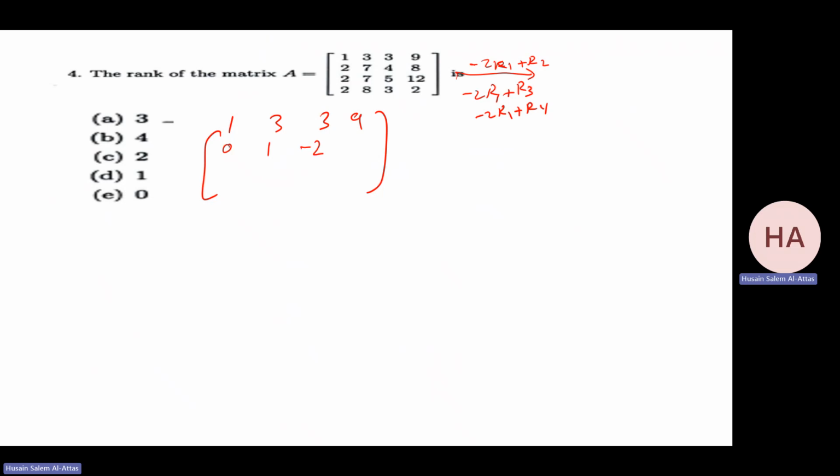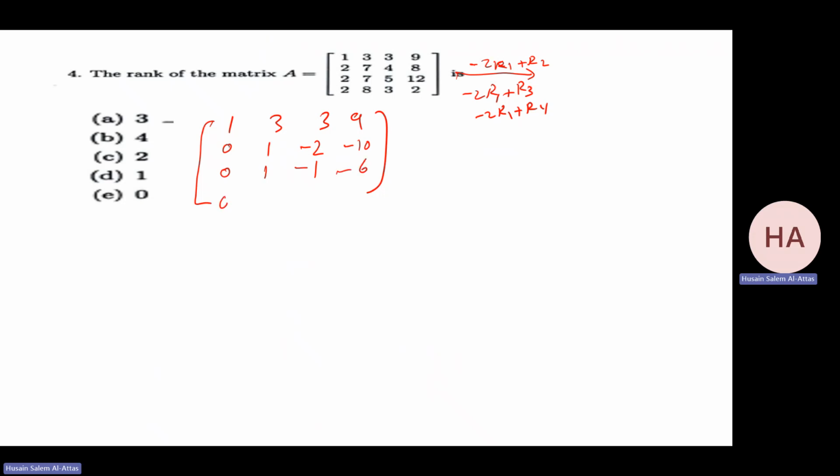Minus 2, which is minus 18, plus 8, that is minus 10. Minus 2 and add, that will be 0. Minus 2, that will be 1. Minus 2, minus 6 plus 5, that will be minus 1. Minus 2, which is minus 18, plus 12, that gives me minus 6.